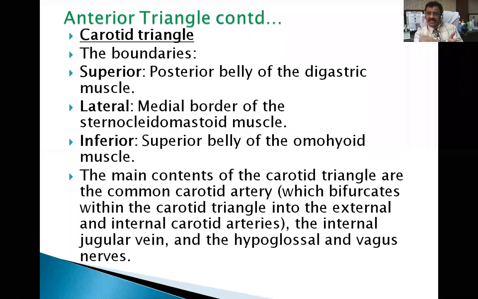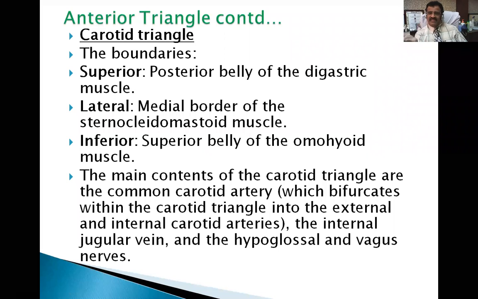On the left side it comes from the arch of the aorta; on the right side it is a branch of the brachiocephalic trunk. When this artery comes to the carotid triangle, it bifurcates, means it gets divided, into the external carotid artery and the internal carotid artery. So ECA and ICA.